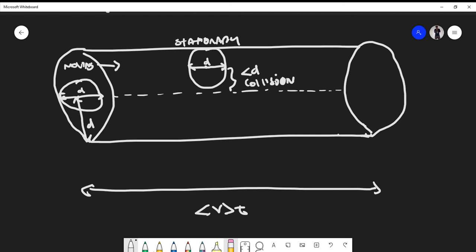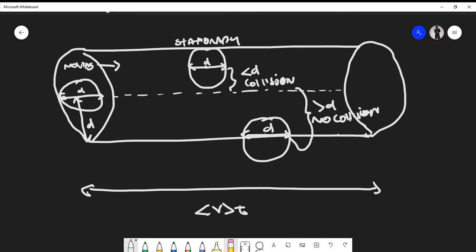We could draw another particle just outside the tube, right, where we have d, and d is actually greater, so there's no collision.